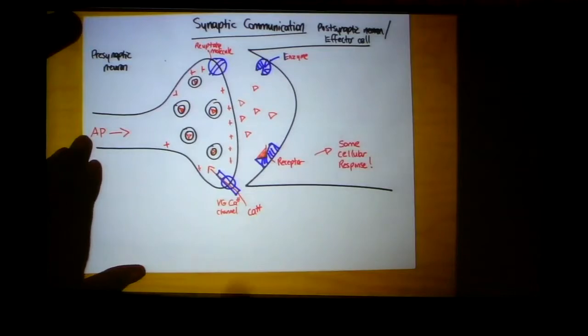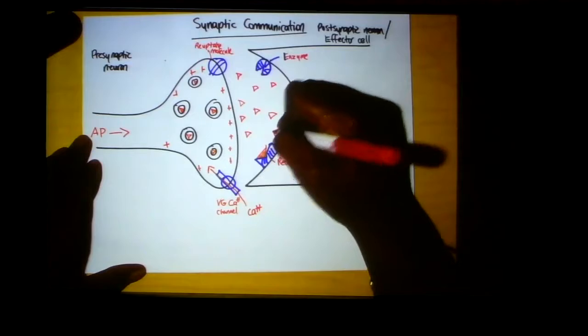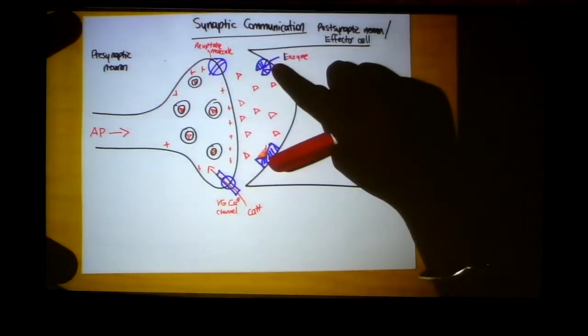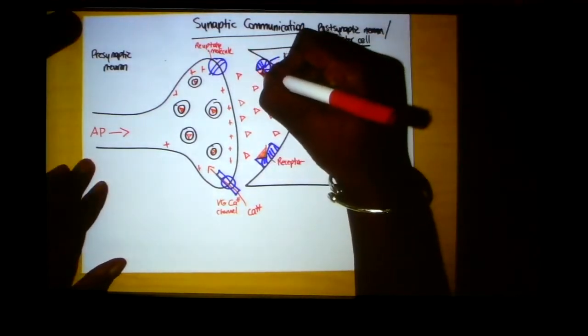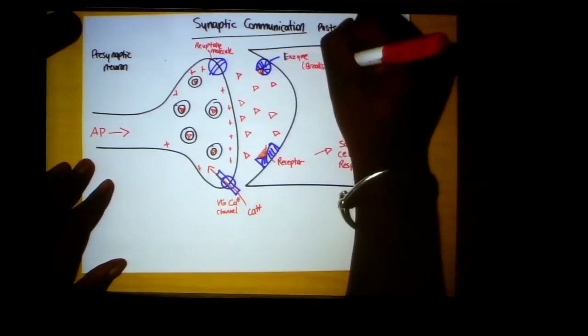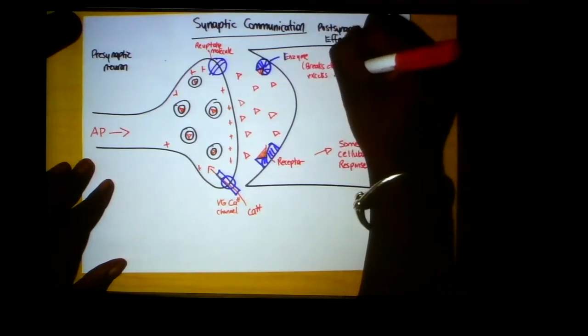Now, in the meantime, there's still some excess neurotransmitter hanging around here at the cleft. And so that's the purpose of this enzyme. This enzyme is going to break down some of this excess neurotransmitter. Okay?